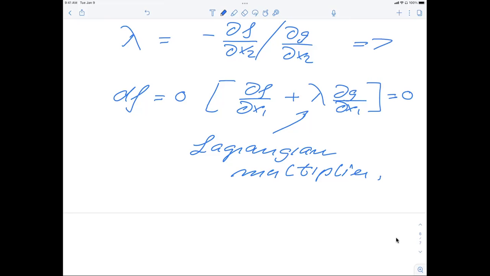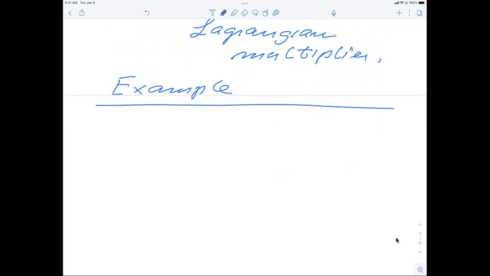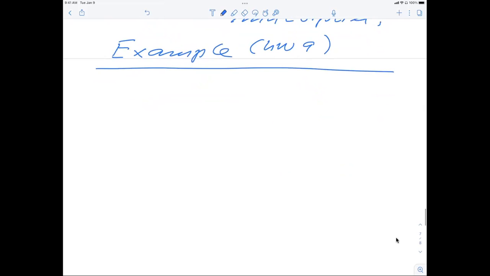So the implication for us, when we now go back to physics examples, is that we can now impose such a constraint. This is relevant for the last homework. If we look at the physical pendulum, which we have seen before, suppose we have this two-dimensional system.